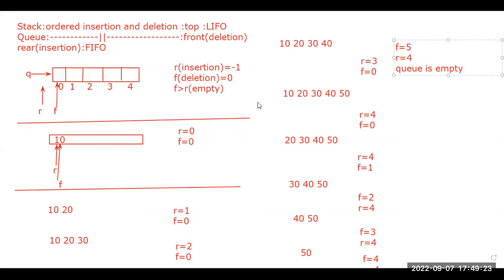Okay. Now this is the rough idea I have given. Now let me delete this. Now, if I want to write the rough code for push, you forget insert. In your queue, there is no concept of push and pop. It is insert and delete. Now while inserting, what I should check?